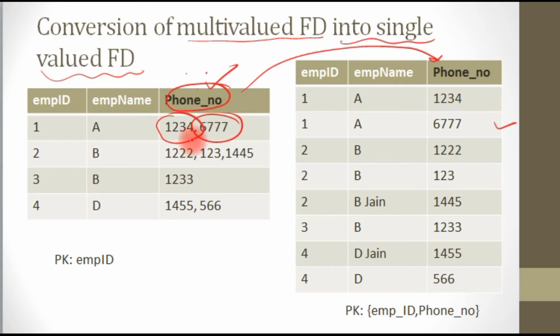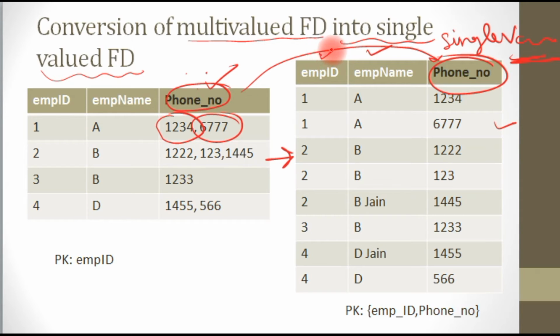For each value in the phone number we now have separate rows. That's why it is now a single valued attribute. What will be the primary key of this relation? This relation has been converted, so what will be the primary key of this relation?